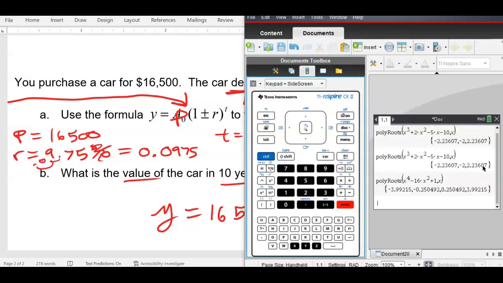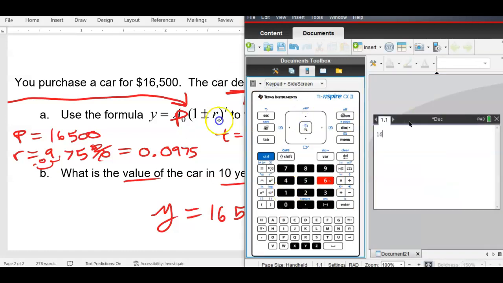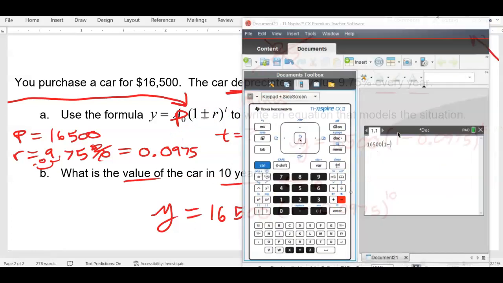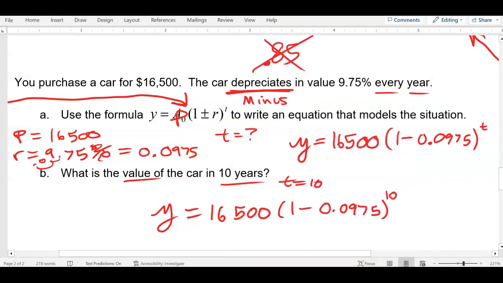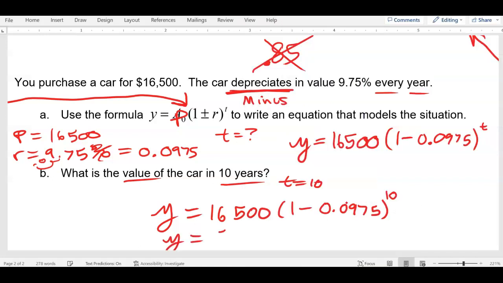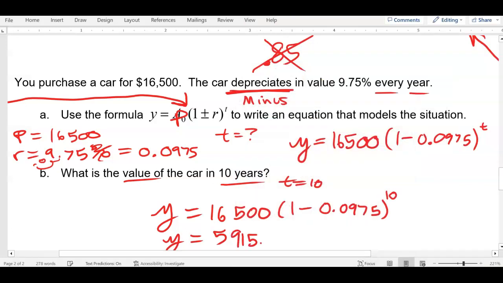So let's go ahead and type this into a new calculator. 16,500, parentheses 1 minus 0.0975, caret and then 10 years. We end up getting $5,915.02.